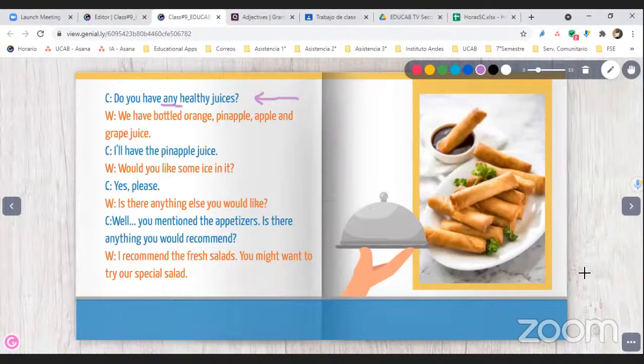And what else is describing the juice? No, no one.